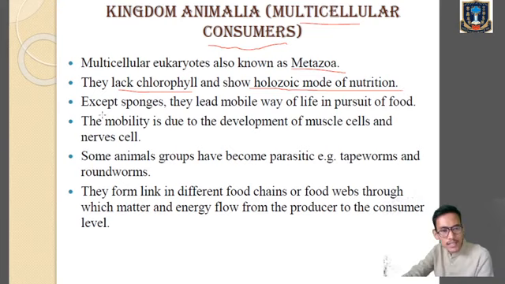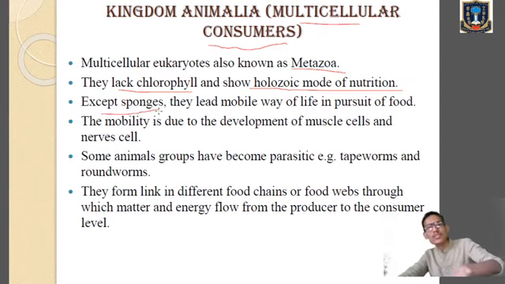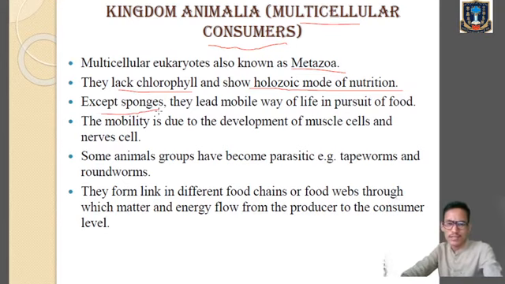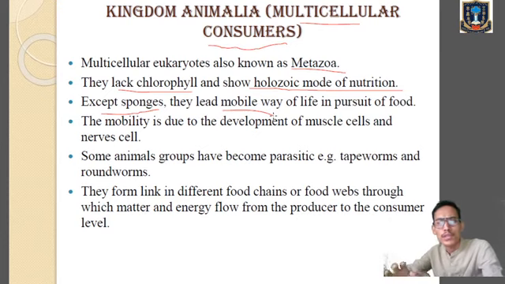Except sponges, which are immobile and confined to a fixed position, animals are mobile, meaning they are able to move from one place to another in search of food and shelter.